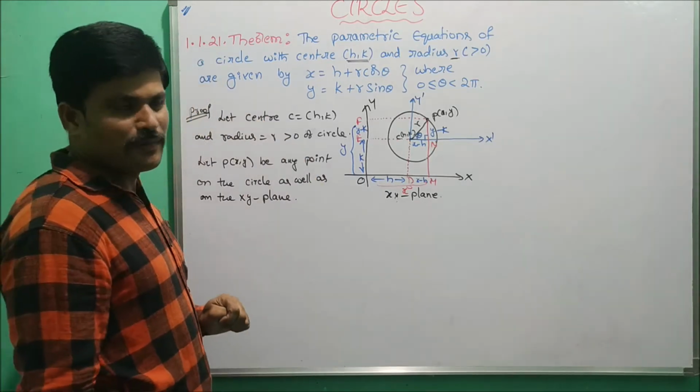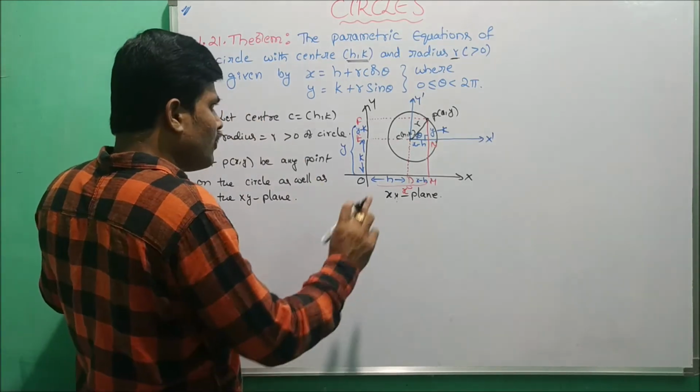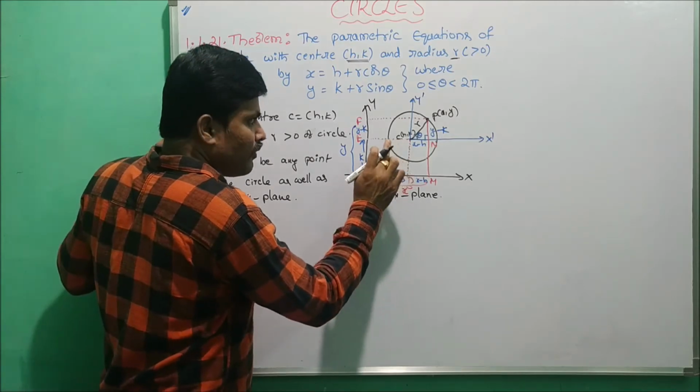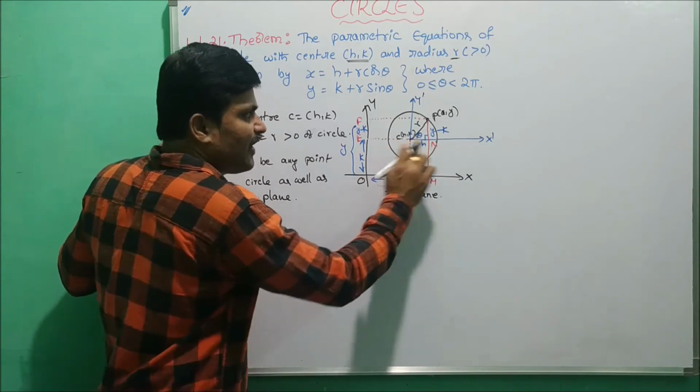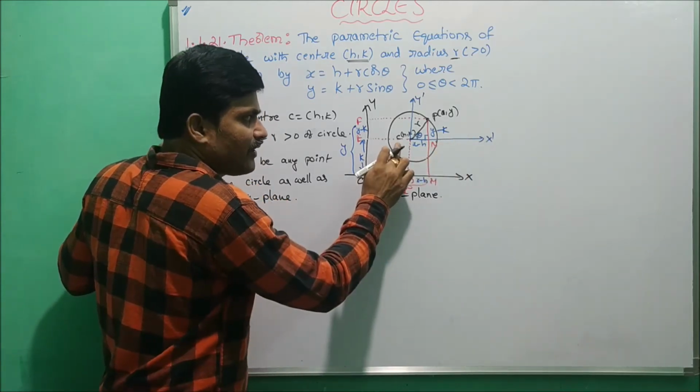On the xy plane, here clearly we have to observe one line: we draw one line parallel to OX, that is CX dash. That line is drawn from the center.